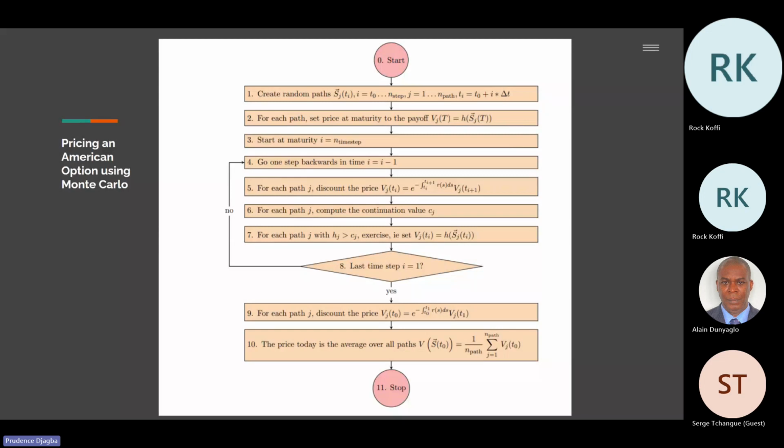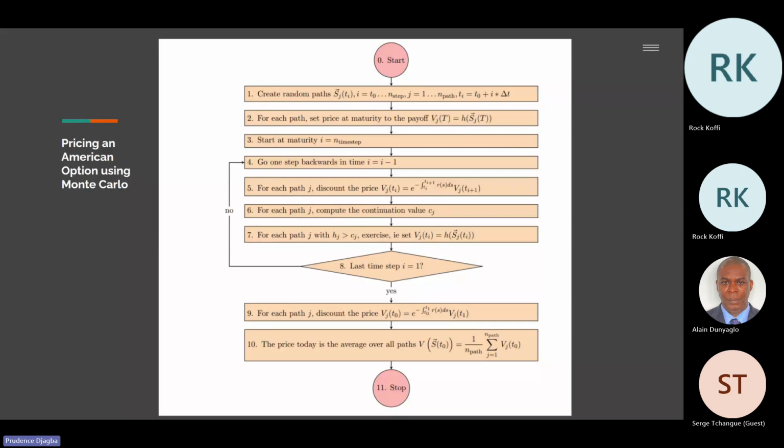If the cash flow is greater than the continuation, we just exercise, and then the price will just be the exercise cash flow at that time. But if not, we just set the price as the continuation value.